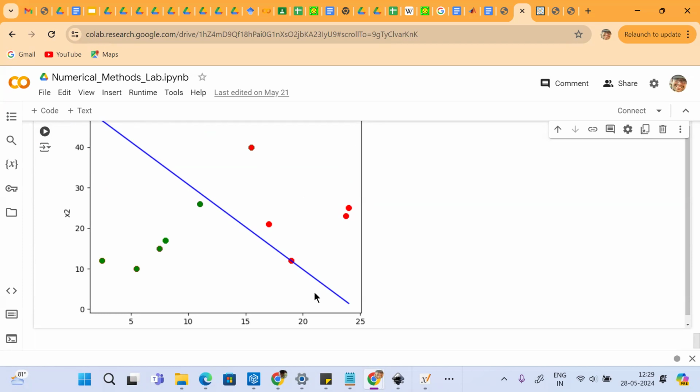And I feel it is not a good decision boundary because it crosses red. Okay. Another decision line could have been drawn like this. So you can improve this algorithm according to your choice. Maybe you can change the learning rate from 0.01 to maybe 0.2 or 0.3, so that it can estimate a proper decision boundary. As you already know, decision boundary is not unique. You can have infinitely many decision lines. Okay. And therefore perceptron has infinitely many solutions.